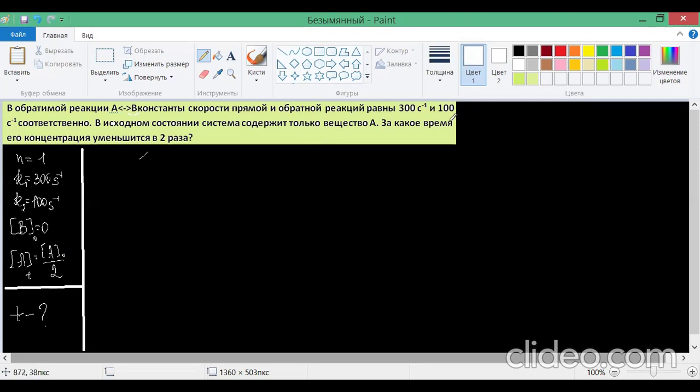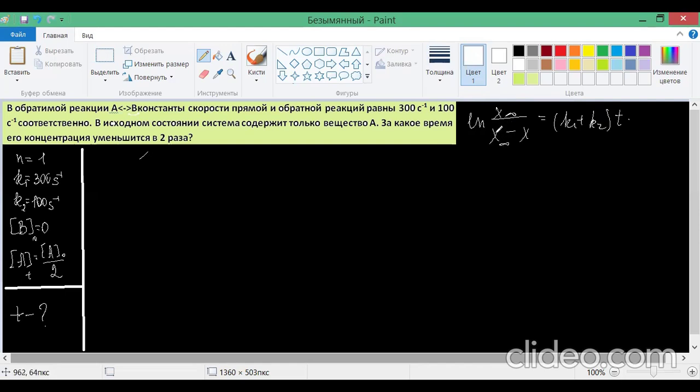Now, what are our first tips? First of all, we should pay attention to the fact that we are dealing with a reversible reaction. And let's write down the formula for a reversible reaction. Here it is. It means that we're supposed to get the magnitudes of x of infinity.